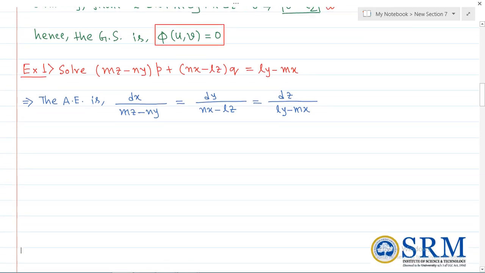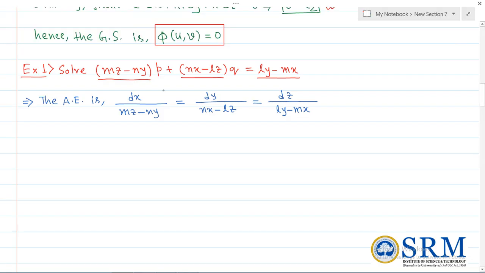So let us try to implement this idea on this question. Let us solve the problem (mz minus ny)p plus (nx minus lz)q equal to ly minus mx. Here l, m, n are constant coefficients, and this is the differential equation.